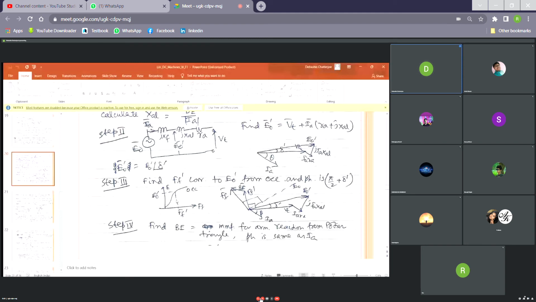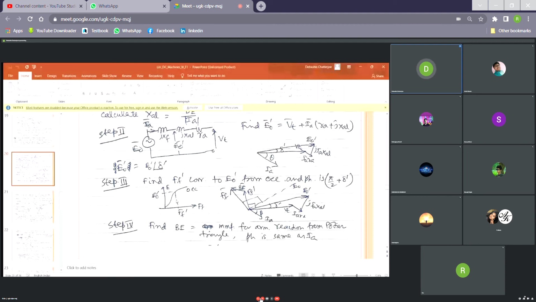This ASA method is the American Standard Association method. It also uses empirical formulas or empirical assumptions. For that, I think you just go through the book first. If you don't understand, in the next class I will just tell you. Because then at least up to power, I should explain power angle characteristics.